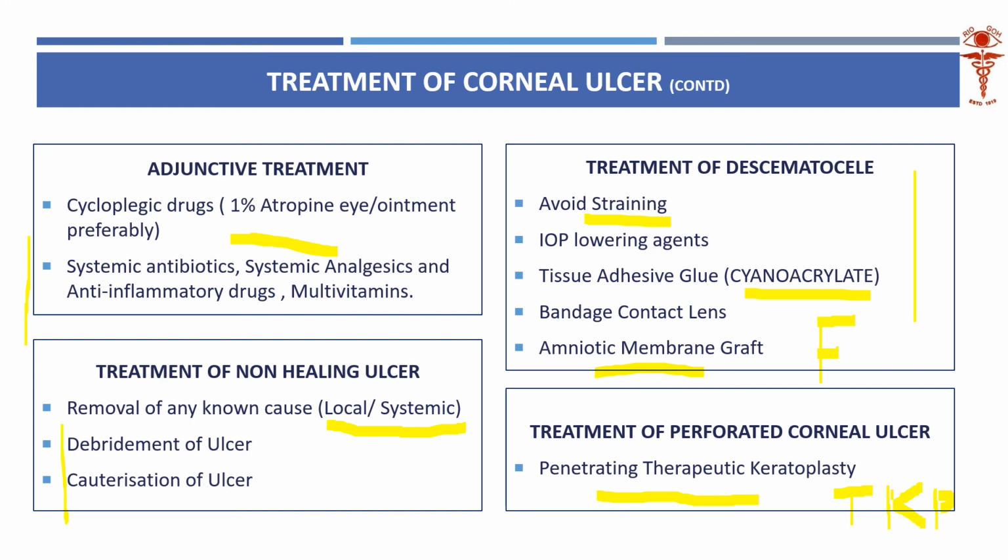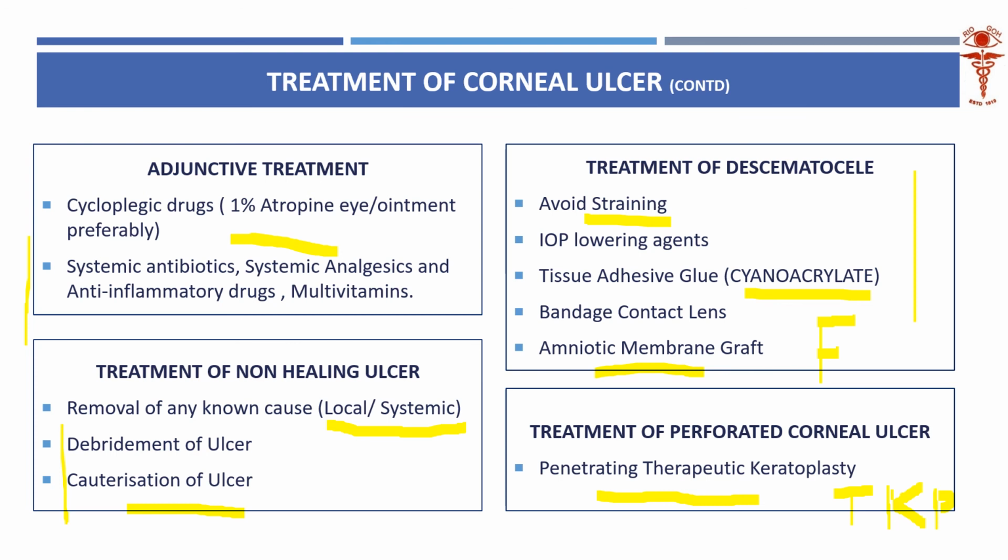If you debride the corneal ulcer, it becomes fresh and has more chances of healing. You can also cauterize that same debrided corneal ulcer with a solution like tincture iodine or carbolic acid.